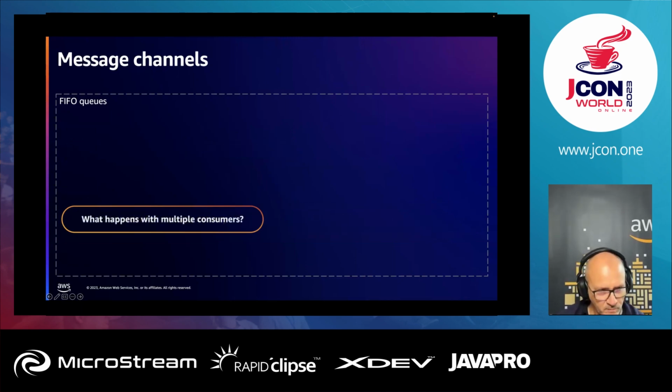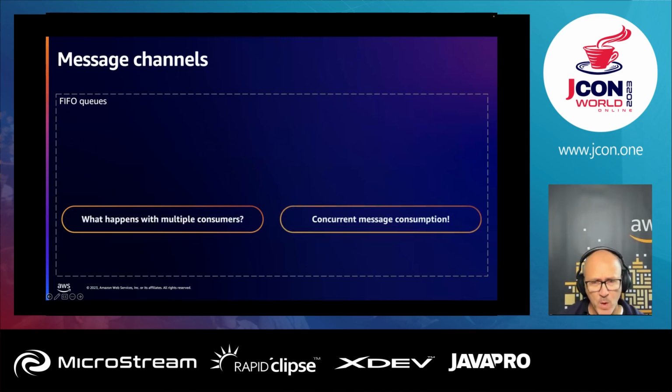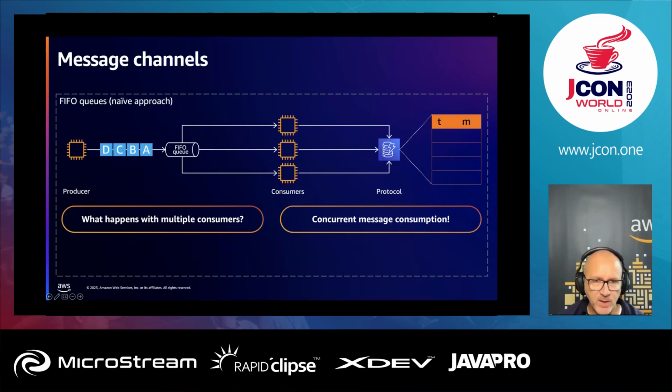But first, let us have a look at what actually happens if we have multiple consumers on a FIFO queue, and if we use a naive approach for FIFO queues without any other helping pattern around it. So we have in this example 3 concurrent consumers, and we have the FIFO queue and 4 messages. So let's just play through what happens. First message is delivered to a consumer. It's in processing.